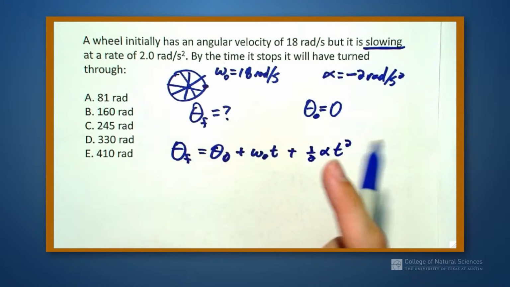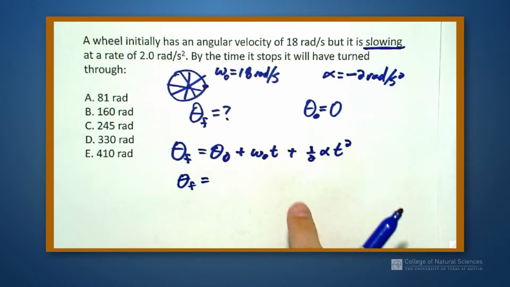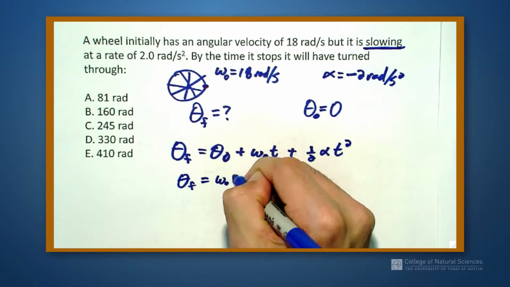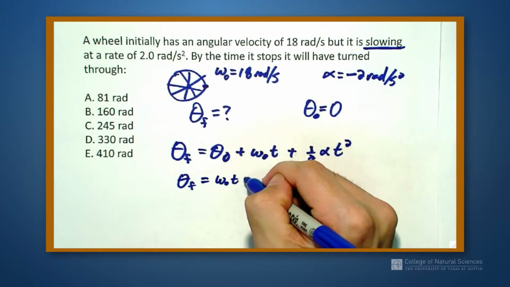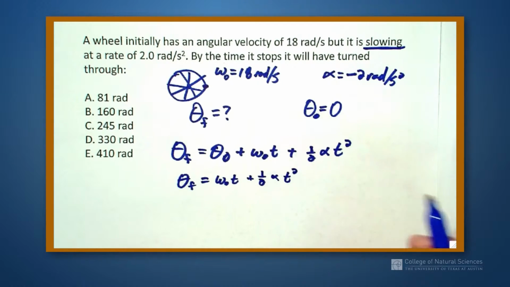Well, theta final, this is what I want, is equal to omega naught t plus 1/2 alpha t squared. This is great. I have omega naught, I have alpha, I want theta final, I don't have t. So I actually have to figure out what t is.